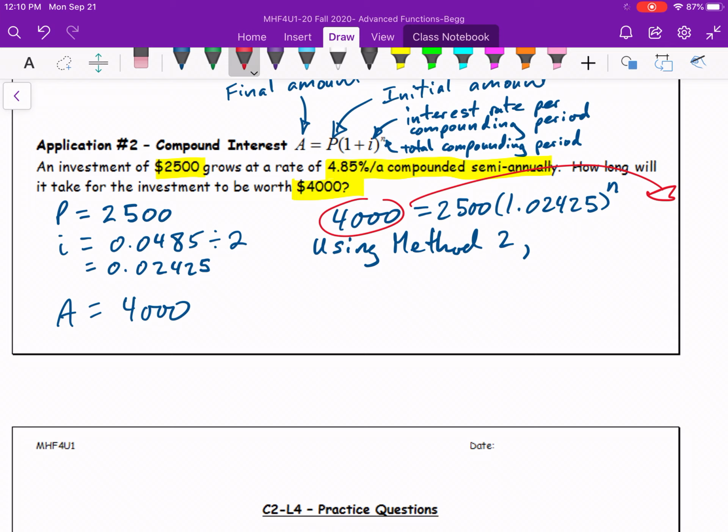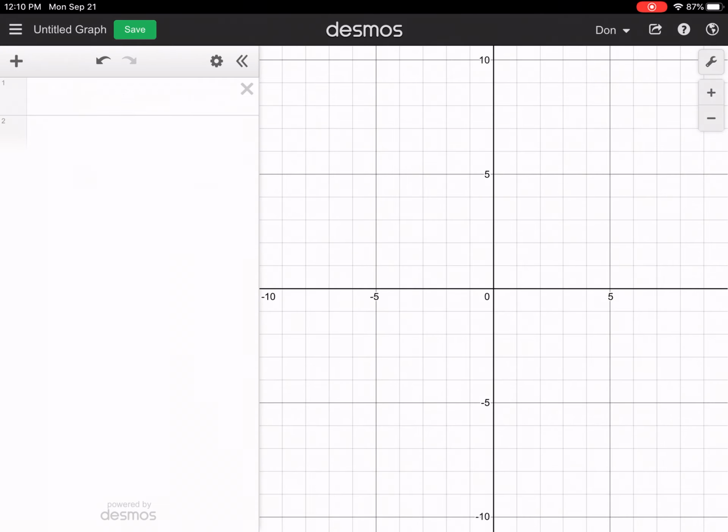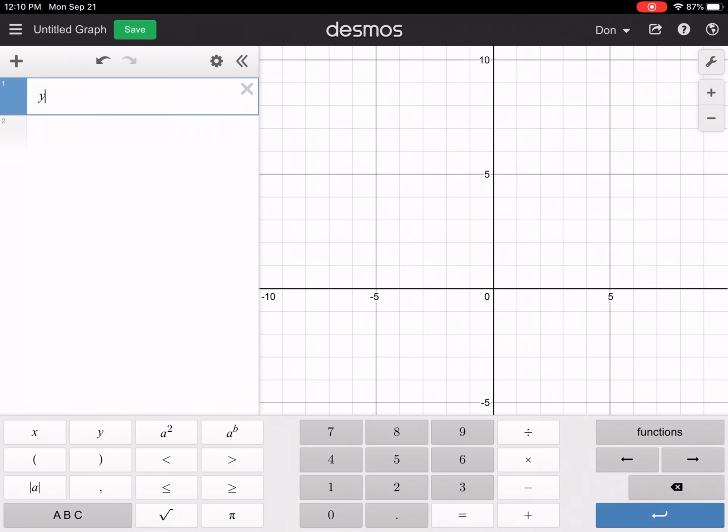And so I'll do y equals 2,500 times 1.02425 to the n minus 4,000 in Desmos. I'm just going to use brackets again to show my multiplication. Exponent, and I'm going to use x instead of n again, just for Desmos' sake, minus 4,000.